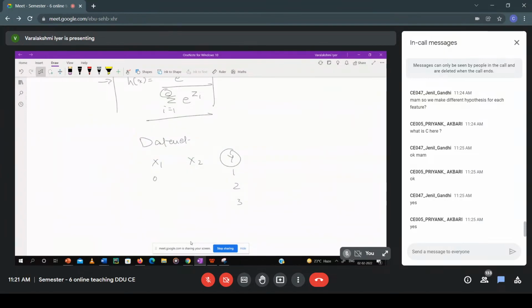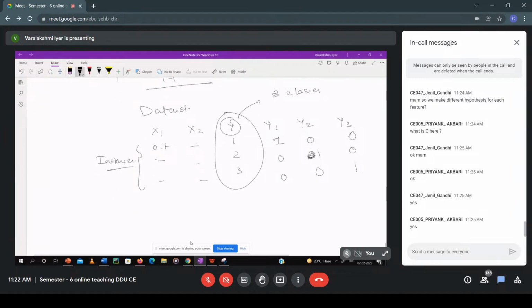I am considering 3 instances here, and suppose you have 3 classes, so you will be getting 3 y's in the output: y1, y2, and y3. So we'll be getting 1, 0, 0, then 0, 1, 0, and 0, 0, 1.